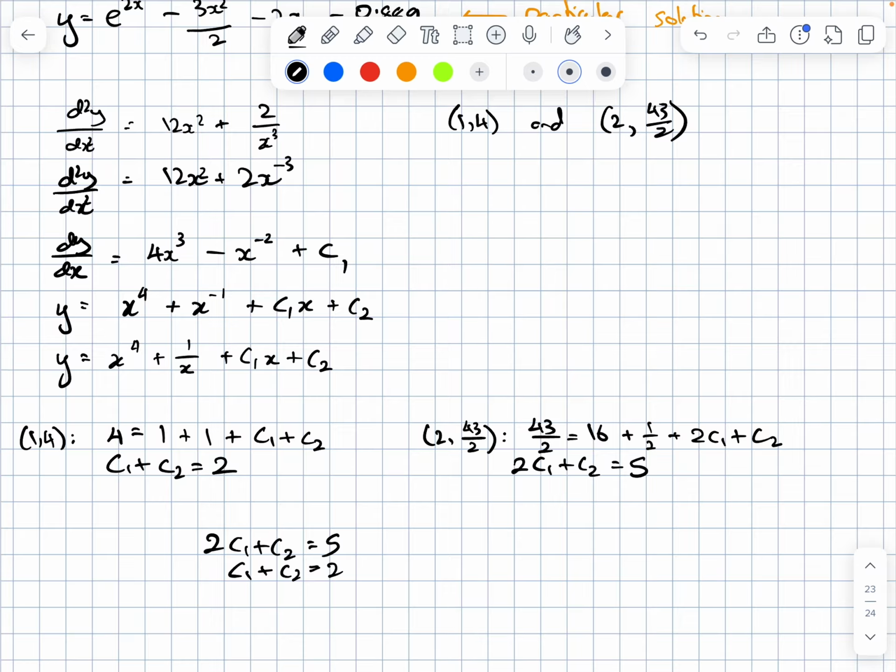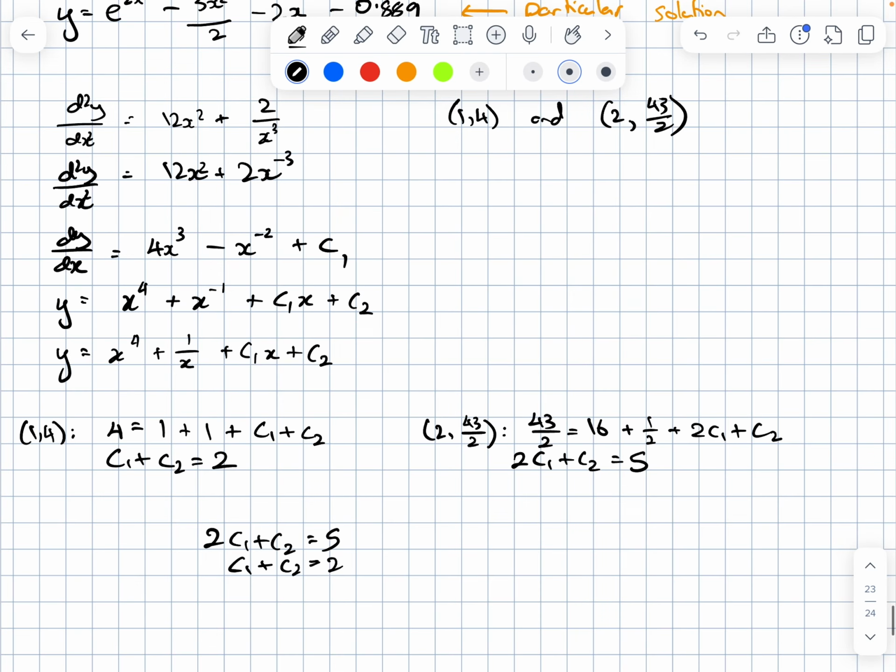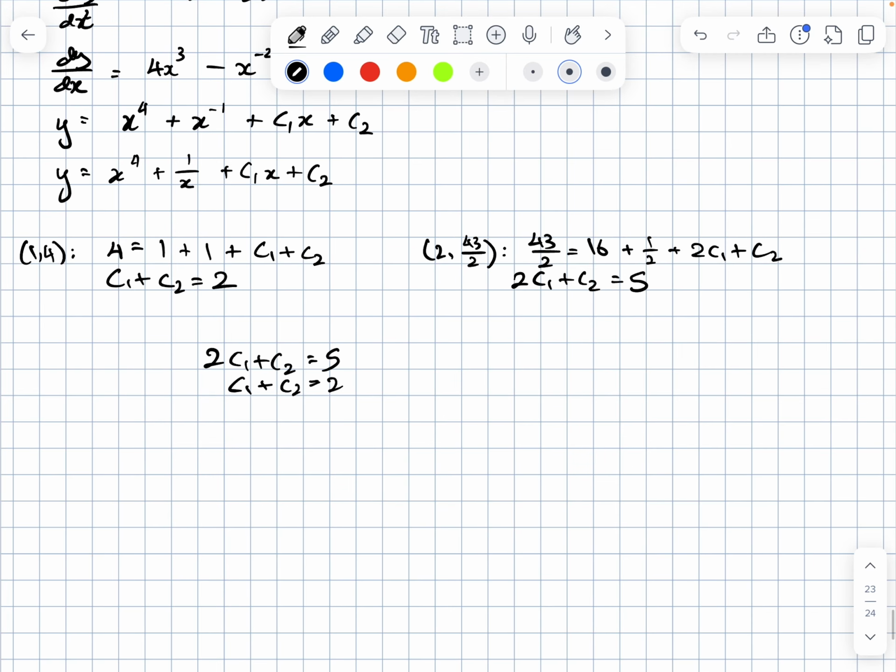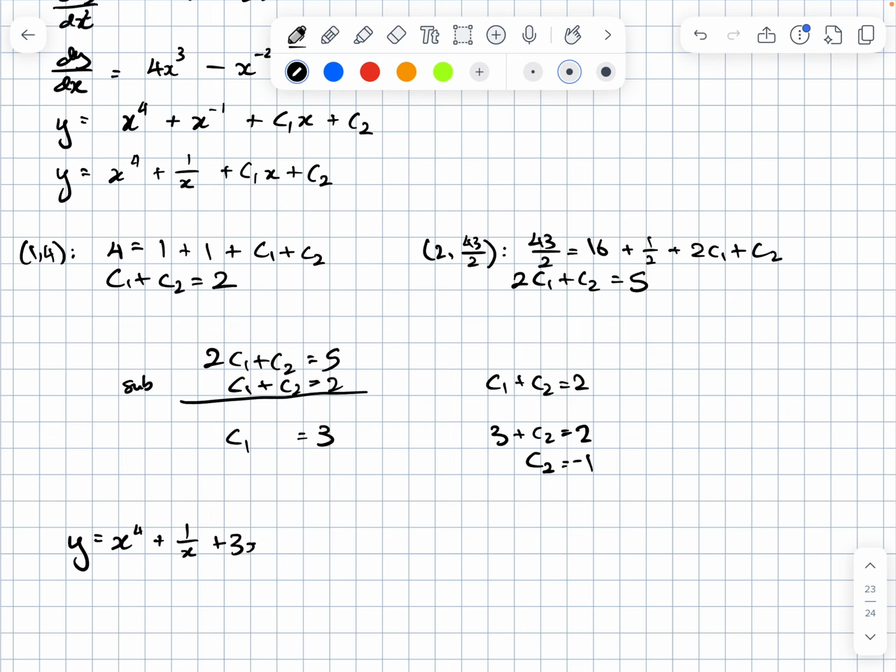Of course, you can now use your calculator to solve for the simultaneous equations, but you can also just subtract. 2c1 minus c1 is just c1, c2 minus c2 is 0, and 5 minus 2 is 3, so c1 is 3, which means that since c1 plus c2 equals 2, we now have 3 plus c2 equals 2, and so c2 will equal negative 1, giving us a final solved equation of y equals x to the power of 4 plus 1 over x plus 3x minus 1.